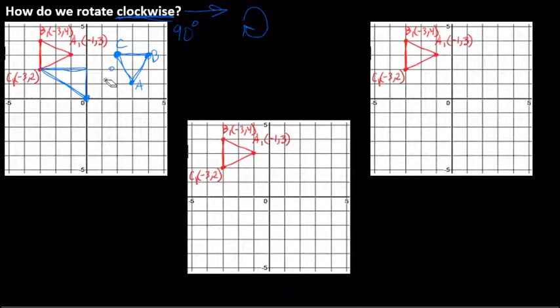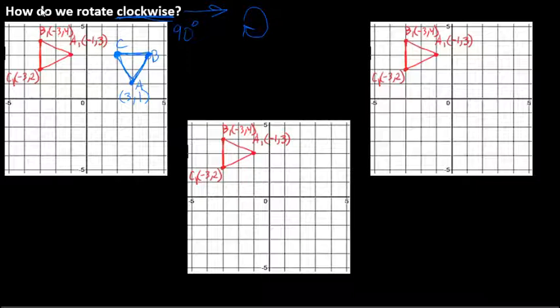Now, what are my new coordinates? My old coordinates are listed right here, so what are my new ones? Let's see if we can establish some kind of a pattern. Vertex A went from -1, 3 to 3, 1.